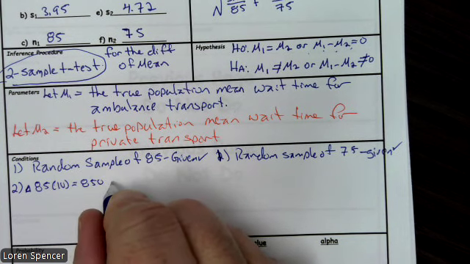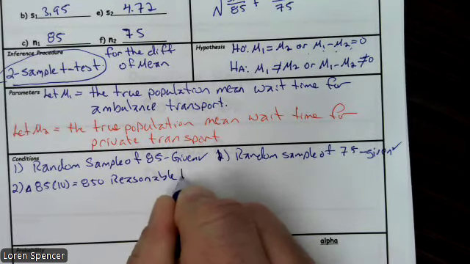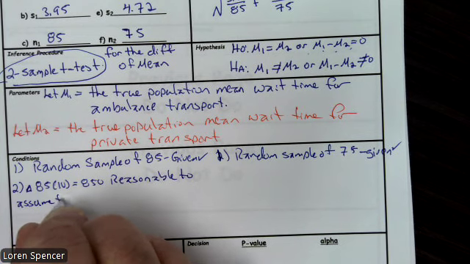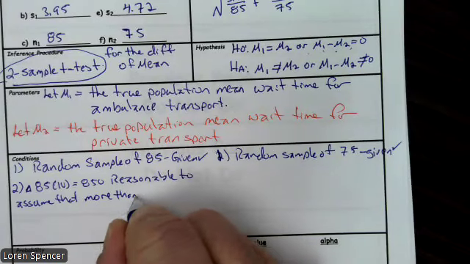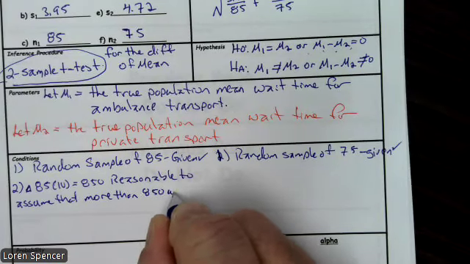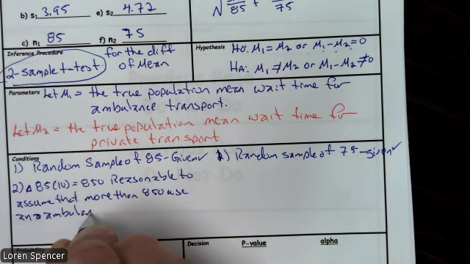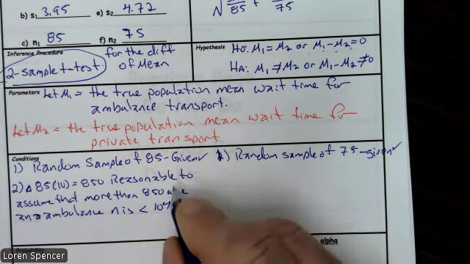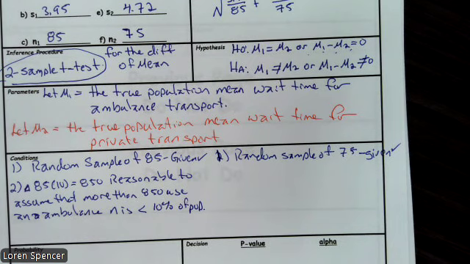And we're going to have to say reasonable to assume that more than 850 use an ambulance. N is less than 10% of pop. All right, kind of a pain.